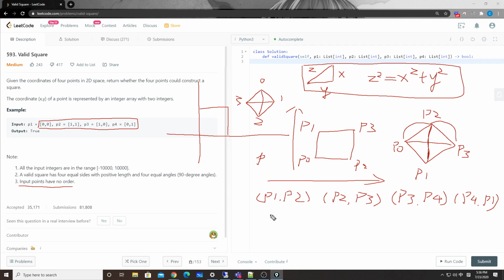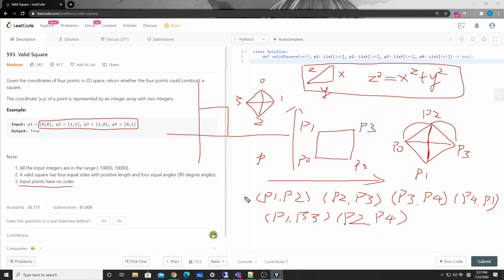And then we also blindly get the other two distances, P1 to P3 and P2 to P4, right? Basically, that's all the six edges we have with those four coordinates, right?